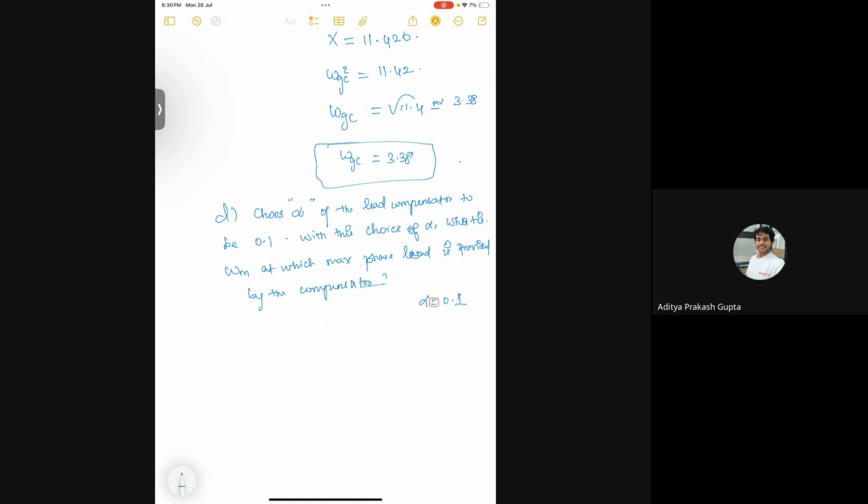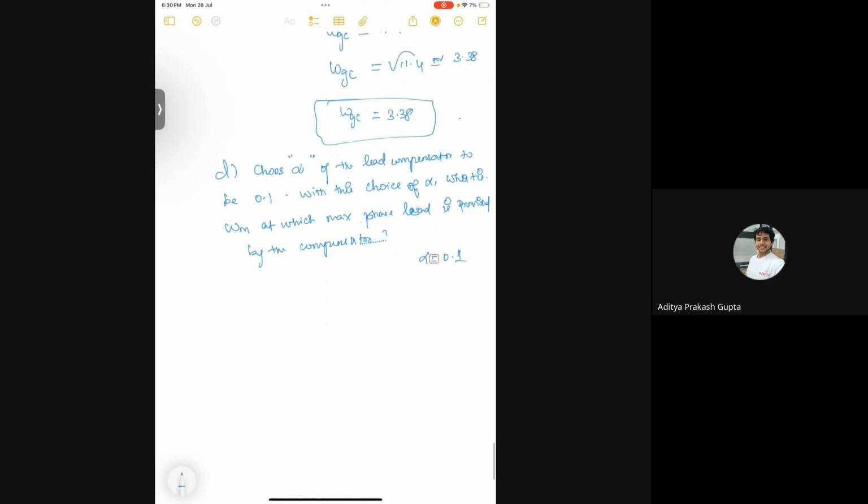Right? To find this, since we want the phase of the lead compensator to be at maximum, alpha should be 0.1, right? To make this, we have to design omega.